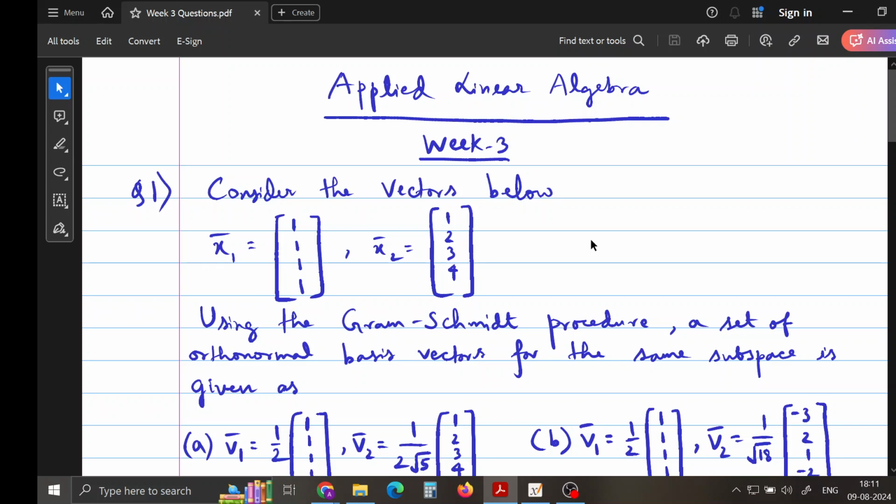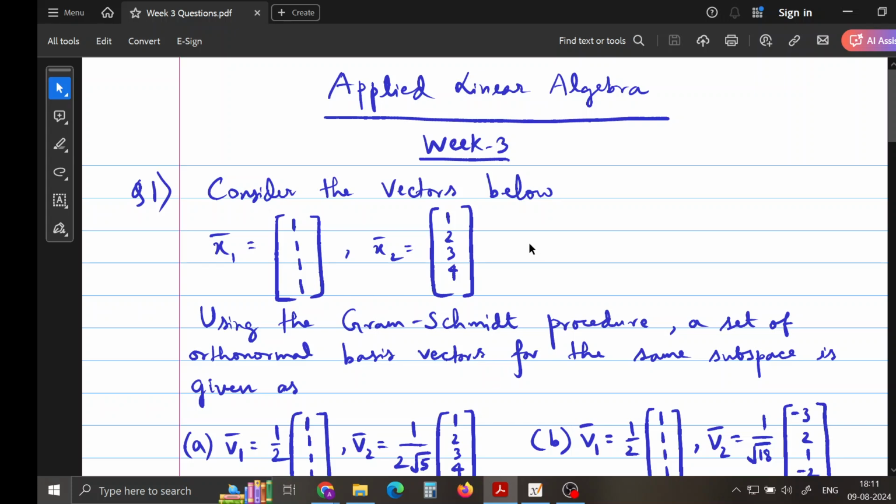To get the next one, we take x2, the second given vector, and from x2 we subtract the projection of the previous basis vector that we got along x2.